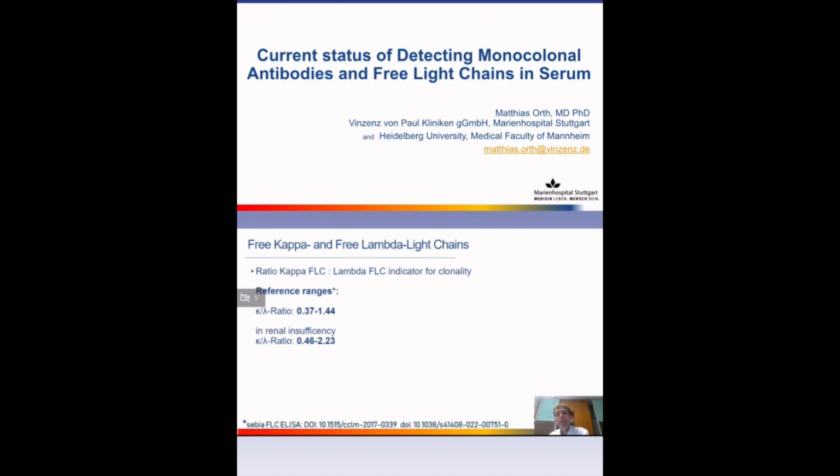The reference range is an indicator for clonality. So if there is a normal production of free kappa and free lambda chains, the reference range of this ratio is about 0.37 to 1.4. And in patients with renal insufficiency, the kappa-lambda ratio is a bit higher, about 0.46 to 2.23.